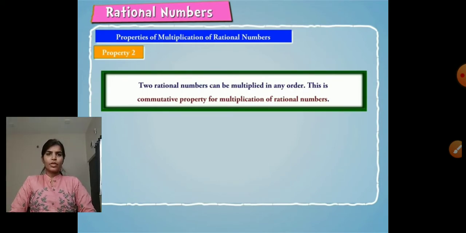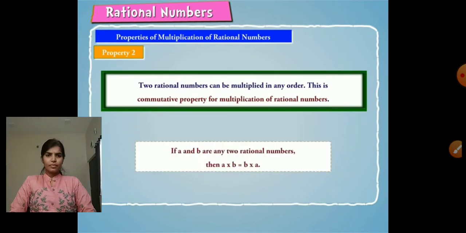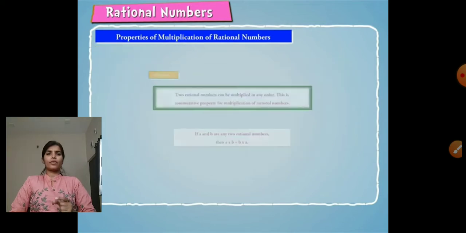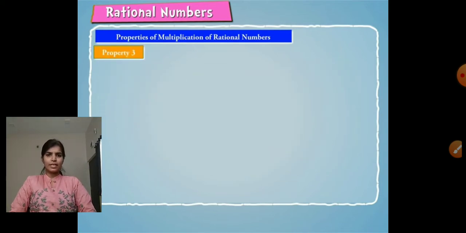This is the commutative property for the multiplication of rational numbers. If A and B are any two rational numbers, then A into B is equal to B into A. So this is our second property for rational numbers. Then we will see the next property.